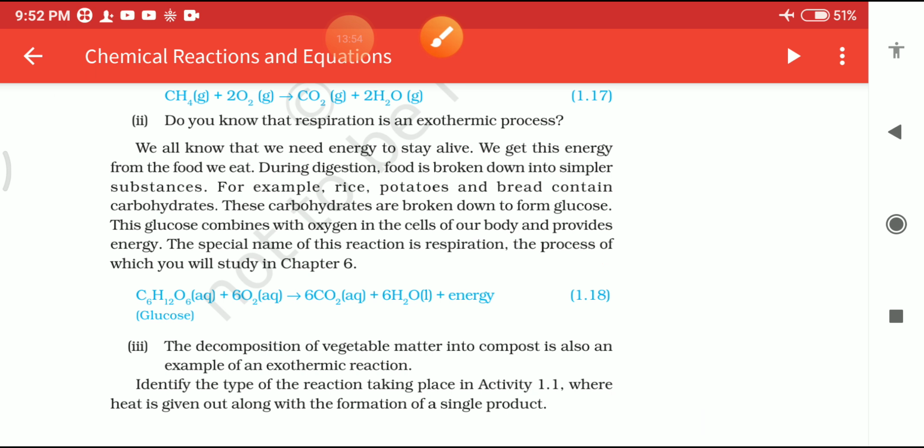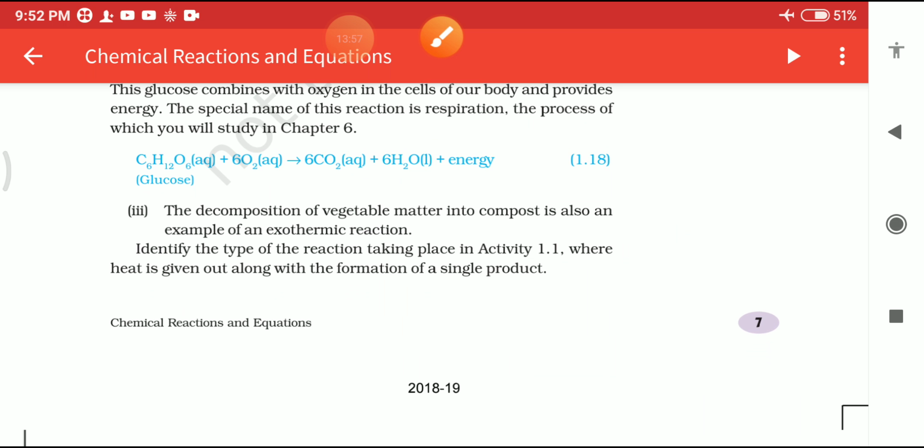Now another example: the decomposition of vegetable matter into compost is also an exothermic reaction. If anyone asks you whether the decomposition of vegetable matter is endothermic or exothermic, decomposition means decaying of vegetable matter.